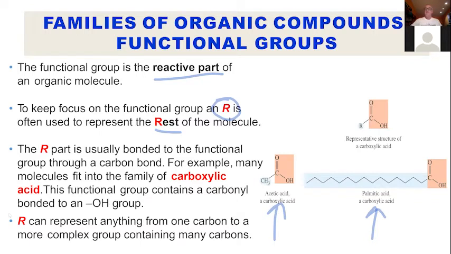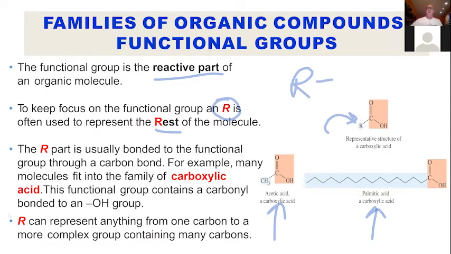So this is what we would call a sort of representative structure of a carboxylic acid, just R with the carboxylic acid group on it. And we do that a lot. R just represents anything, usually a carbon-carbon chain, or sometimes it's a benzene ring or something else.